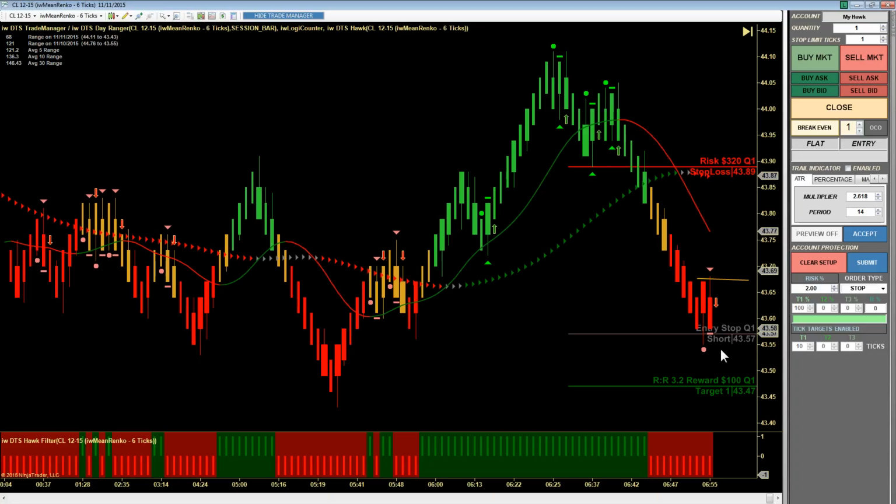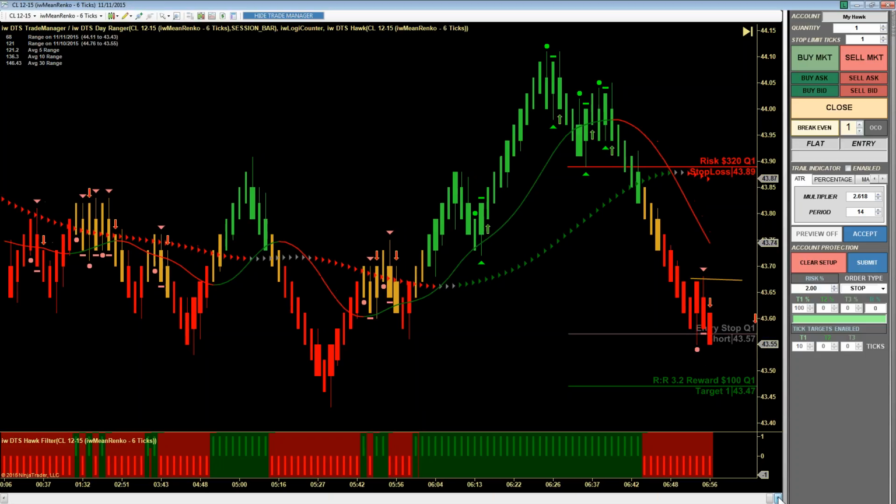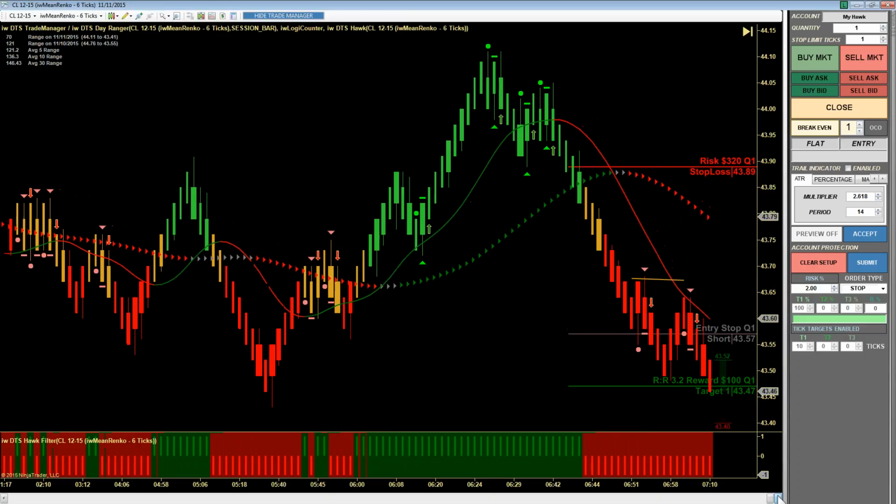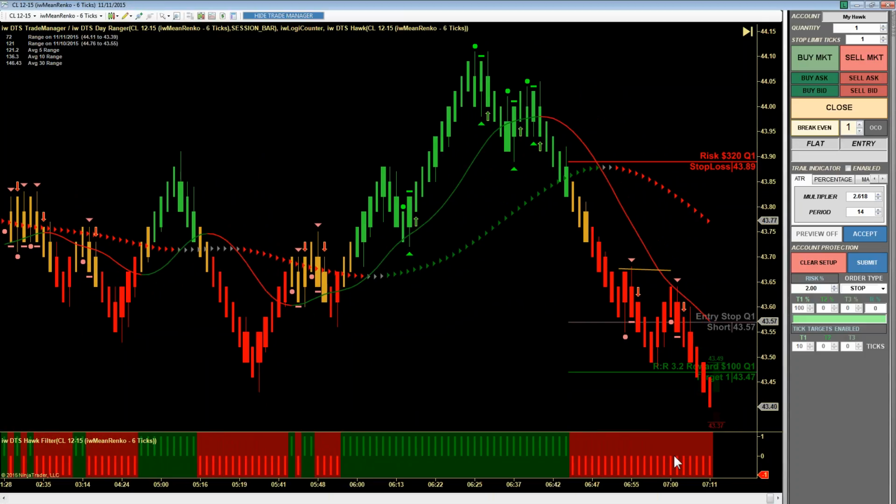Why is that? Because if the market engages me and then gives me a little bit of heat, I have a lot more room to ride out any potential swing than if I keep my stop really, really tight. And you can see here a few minutes later, prices go down and crude oil hits my scalp target.